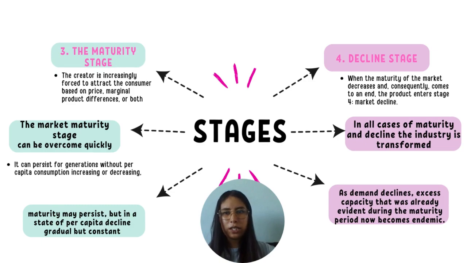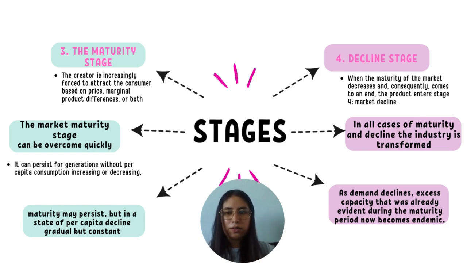The maturity stage, and the competitor is increasing force to attack the consumer based on price, marginal product difference, or both. The market maturity stage can be quickly outgrown, as is the case with most women's fashions, or it can persist for generations without per capita consumption increasing or decreasing, as in the case of basic products such as men's shoes and industrial closures.